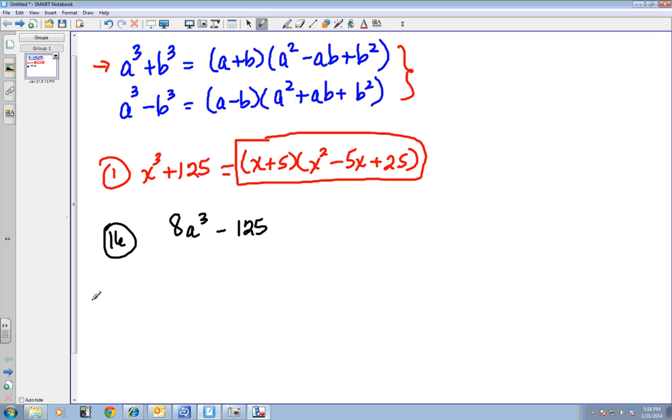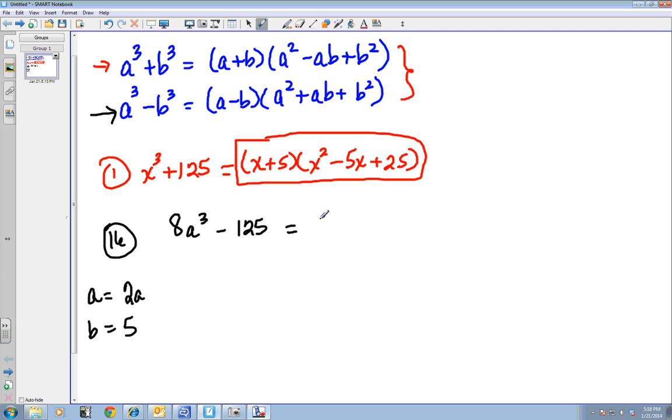So first of all, let's identify our a and our b. Our a in our problem this time is 2a because 2a cubed gives me 8a cubed. So my a is 2a, and my b is 5 again. So these are the numbers I'm going to plug into this formula, since it's the difference of cubes.